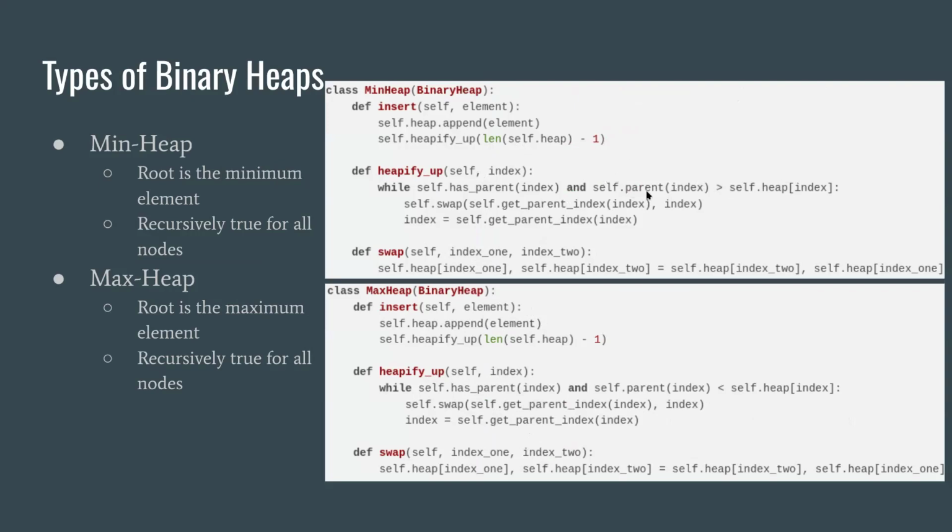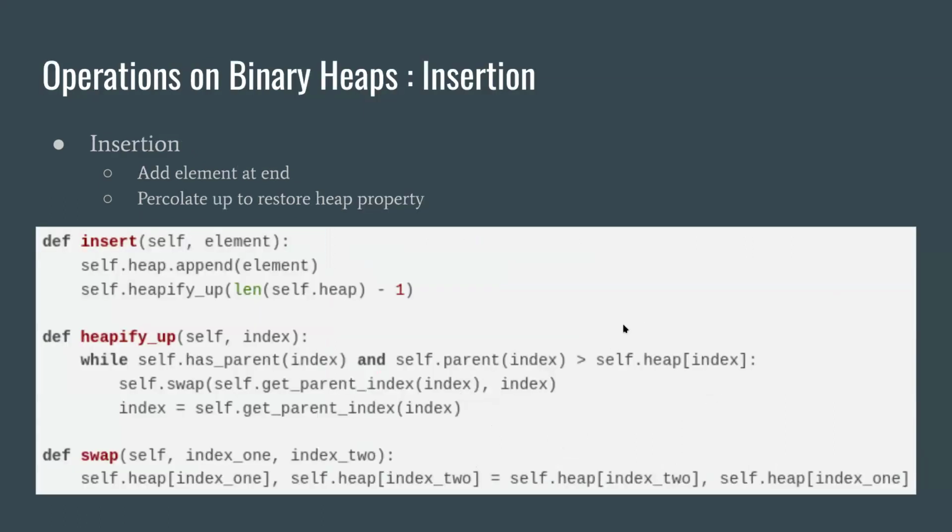So for min heap, we execute code in the while loop if self parent index is greater than self heap index. For max heap, we do that if self parent index is less than self heap index.